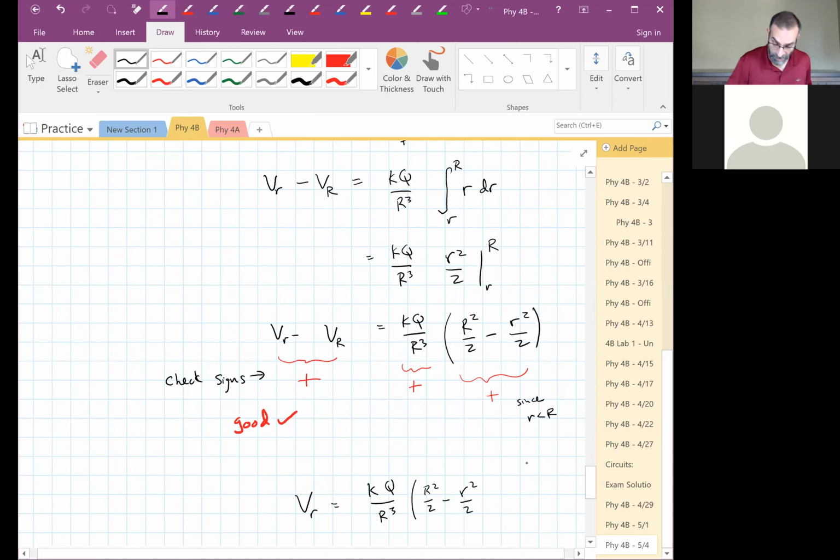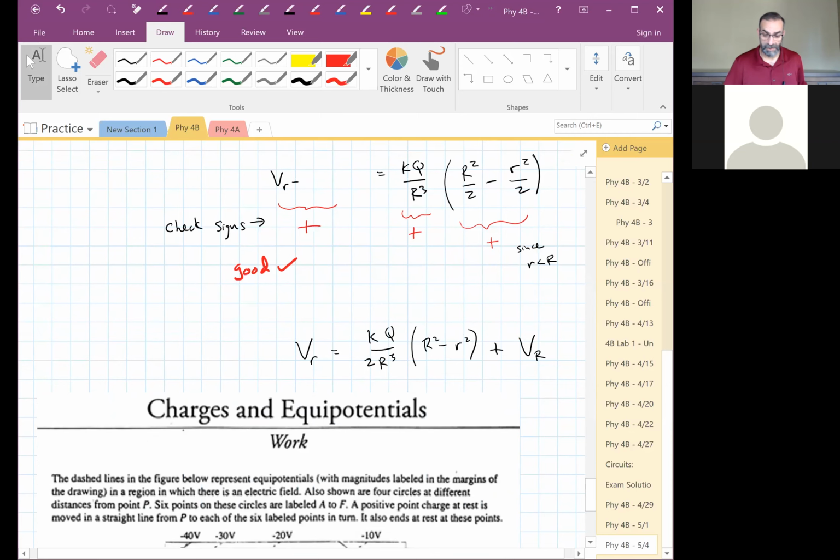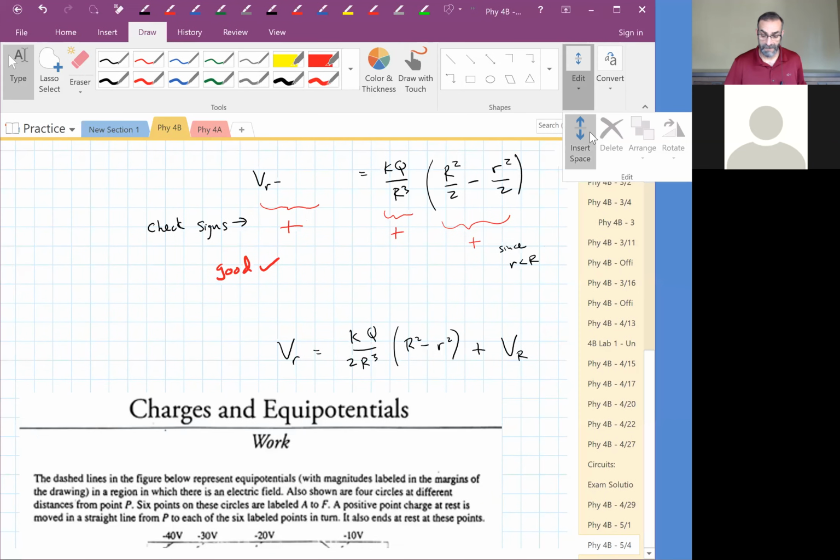I guess I could pull that 2 out. Why don't I just pull that 2 out so I don't have to deal with it anymore? And then I've got a plus V at R. I just moved the V at capital R over to the other side, but I know what that is, so I can plug in what I know.